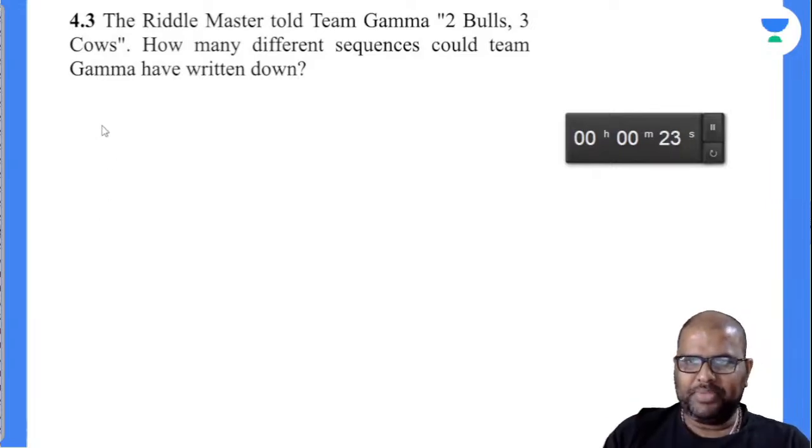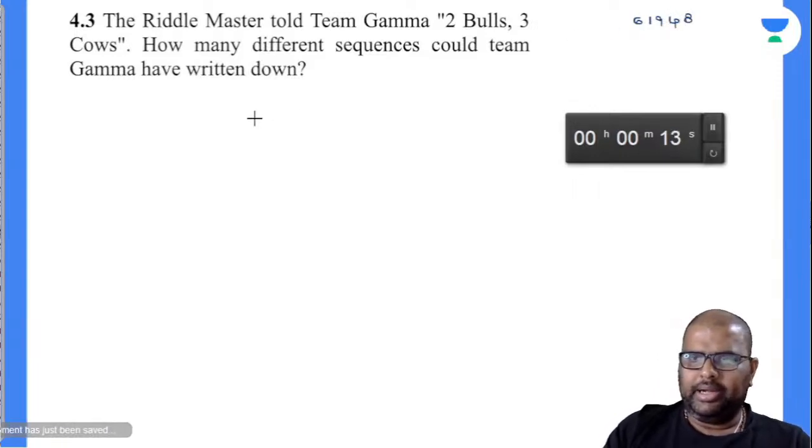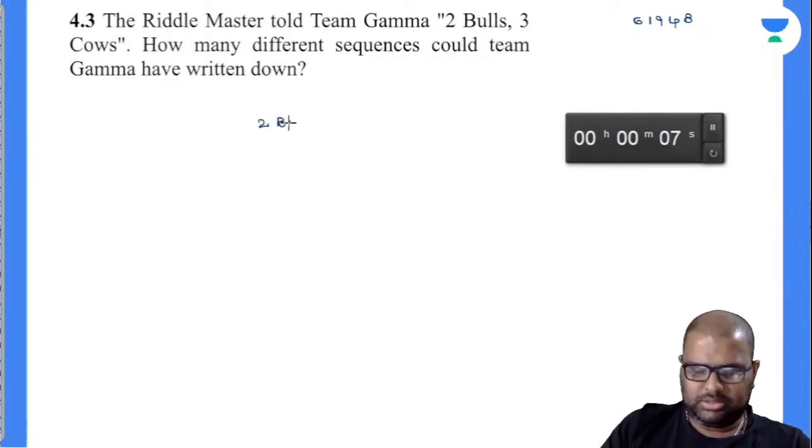Any answer, Shubham? So 61948 is the original master sequence given by Riddle Master. And Riddle Master told Team Gamma has scored 2 bulls and 3 cows it seems.